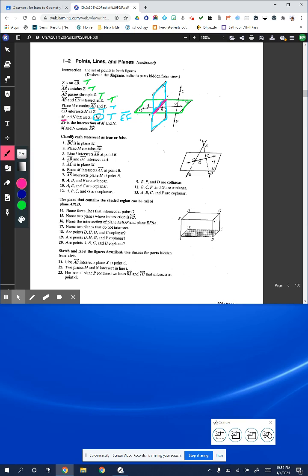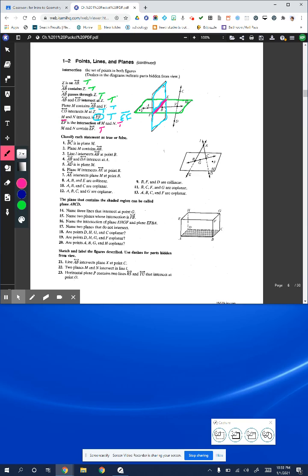It's the same question as above. And yes, it is. All right, and then planes M and N contain line EF. Yes, because it's the intersection of both of them, so it's in both planes.